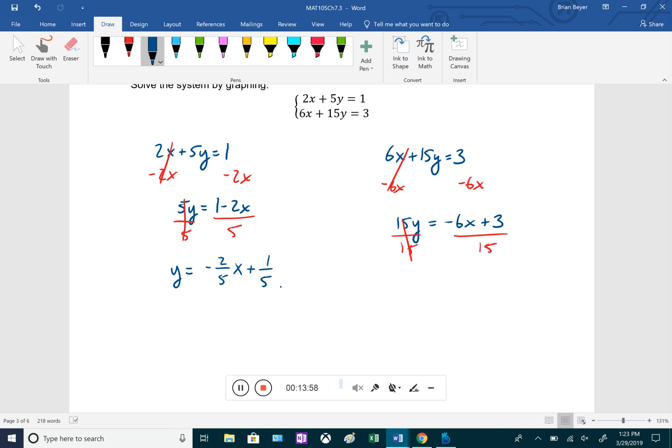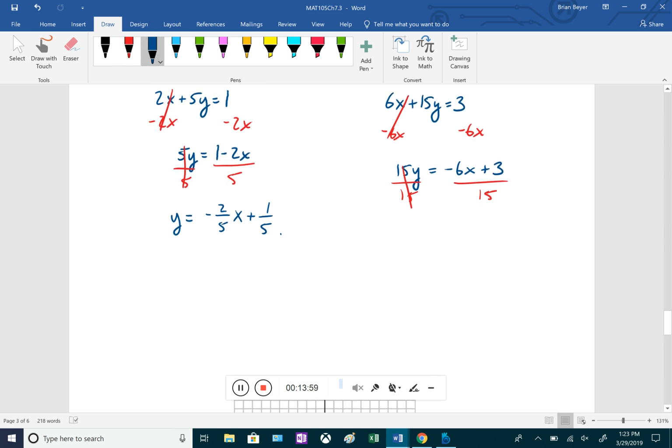So giving that 15 denominator to both terms in the numerator, we end up getting negative 6 over 15 for the x coefficient plus 3 over 15. This can simplify as negative 2 over 5x plus 1 over 5.